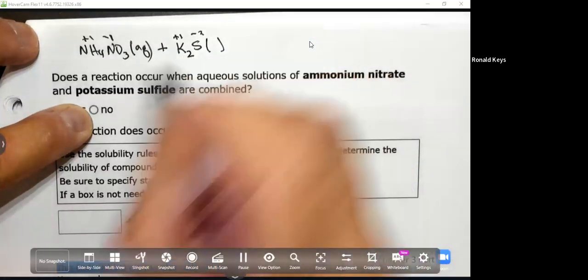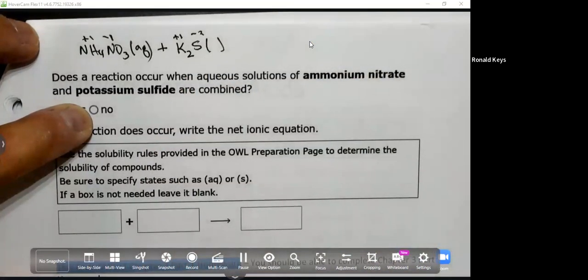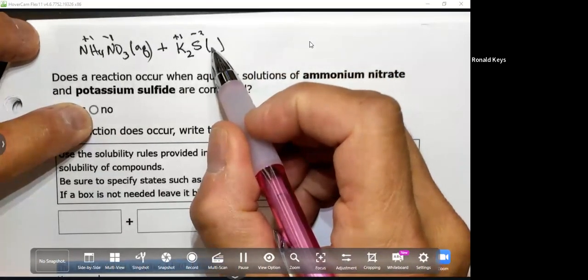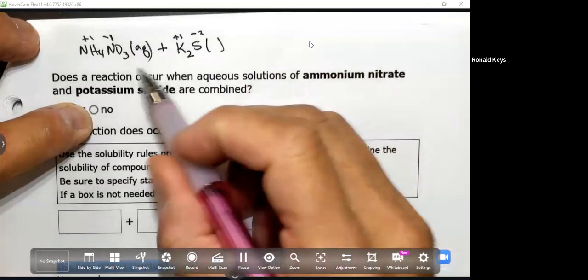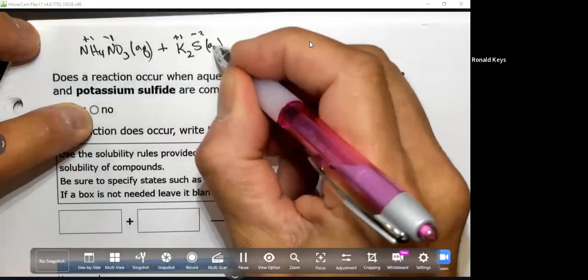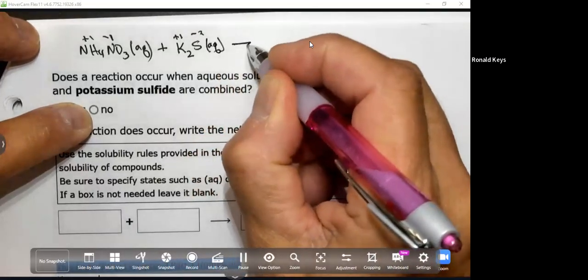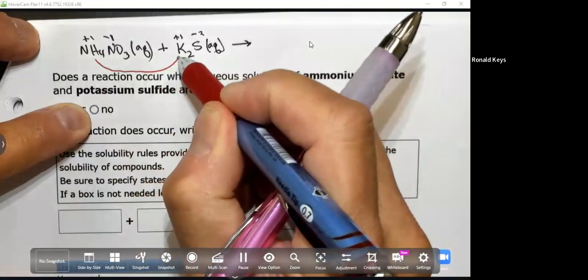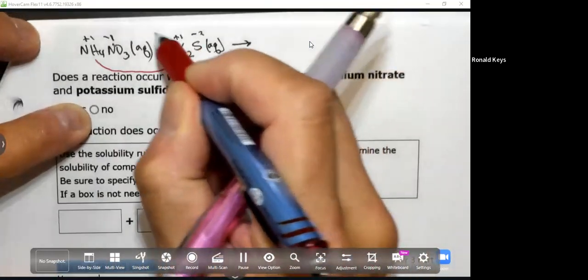And that would be K2S then for potassium sulfide. Aqueous. Yes, all sodium and potassiums, right? All sodium, potassiums, ammoniums. This is aqueous. What are we going to do?